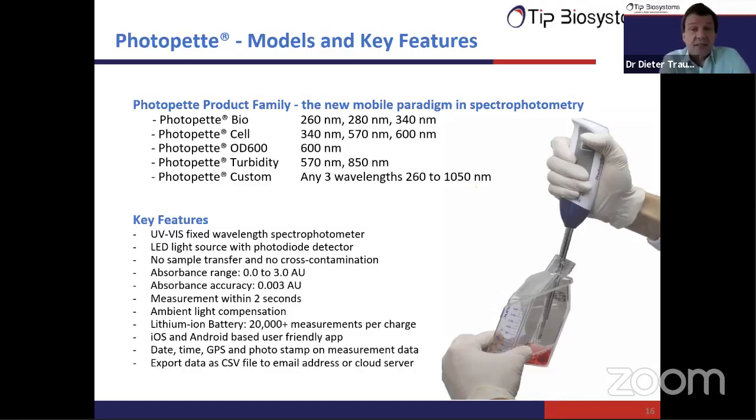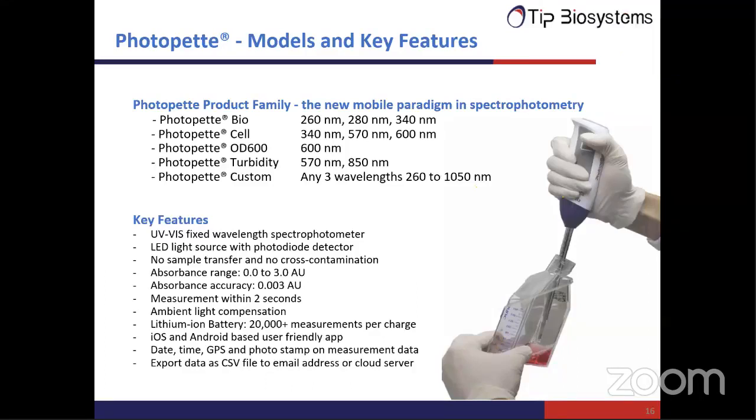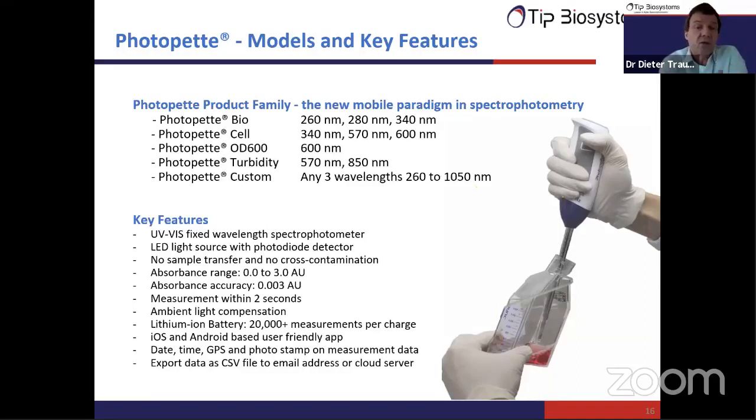So then here in this list, you see some other instruments, Photopette Cell, basically for the cell lab, for optical density, and Photopette OD600, the classical 600 nanometer measurement to measure bacterial density, yeast, and so on, and Tubility. But we are also quite proud as a company to build you any instrument of your choice with any 3 wavelengths between 260 and 1050 nanometer.